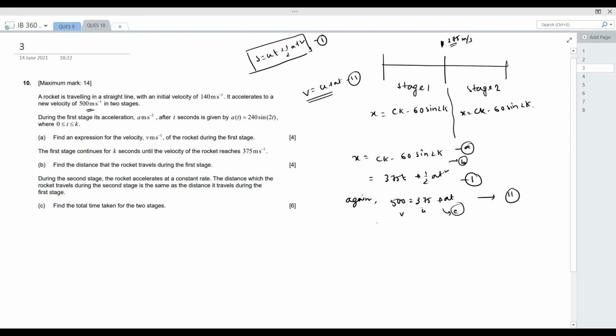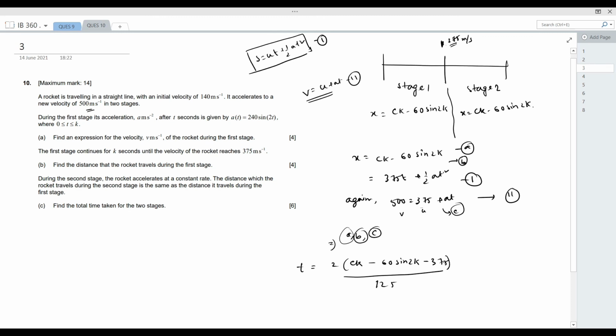Combining equations a, b, c, finally you will have the time t, after comparing, as t equals 2 times ck minus 60 sine 2k minus 375, divided by 125. Okay, so you can get this.